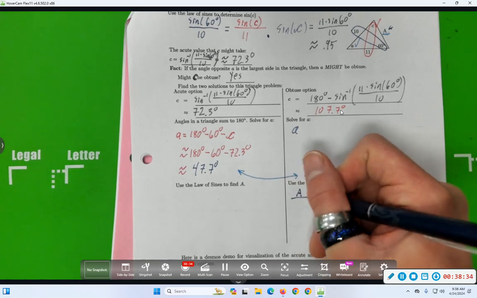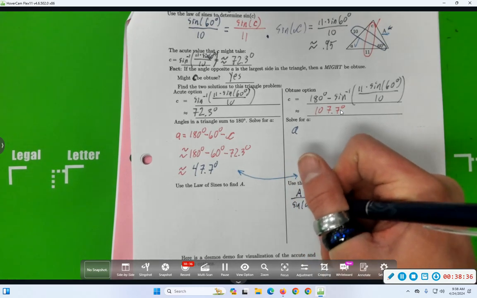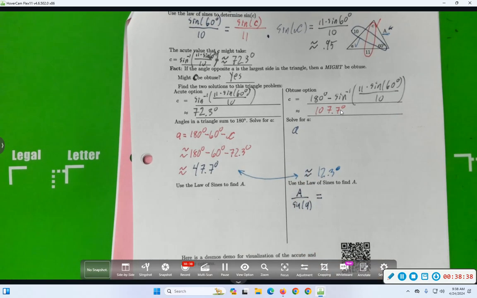A divided by the sine of little a is equal to, and now I have some freedom. I can use any pair consisting of a side and angle opposite and write down another equation. You could use the 11 and the angle C. I'll discourage you from doing that because the angle C we have right now is approximate instead of exact, so we get more error on everything else. I know the exact given values of 10 and 60 degrees.